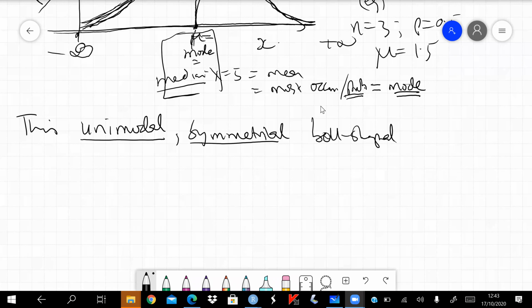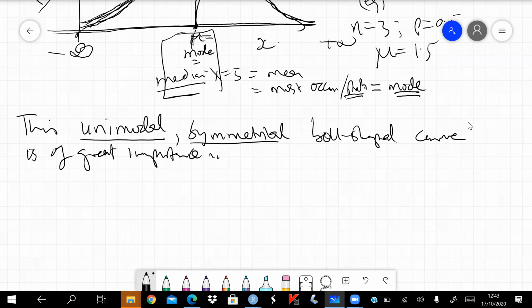This unimodal symmetrical bell-shaped distribution, or bell-shaped curve, is of great importance in statistical work.